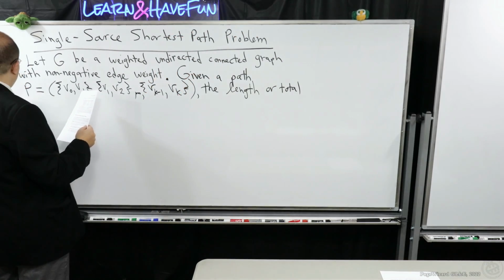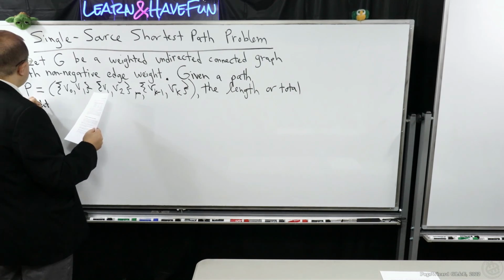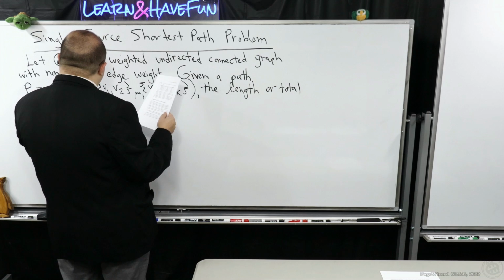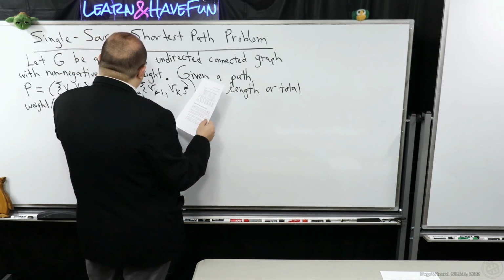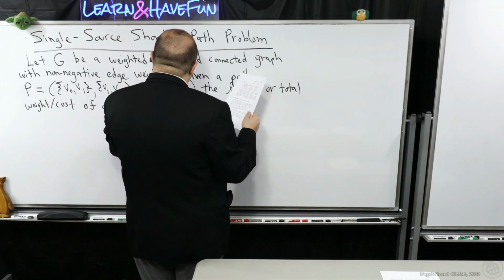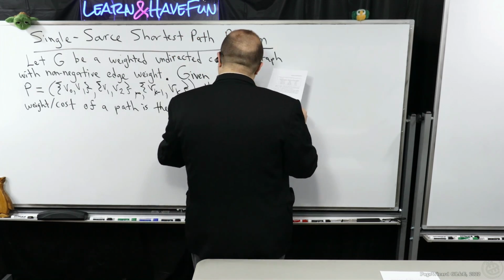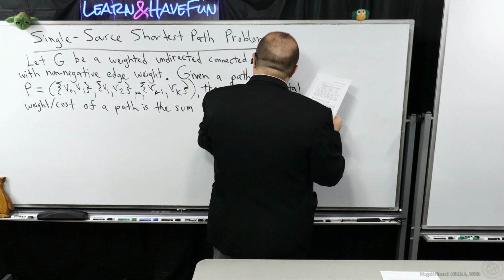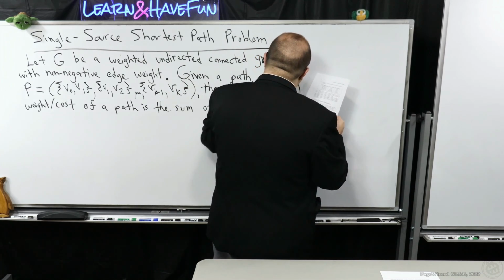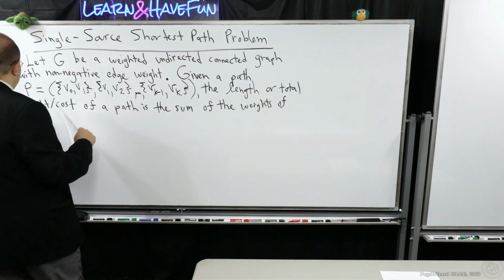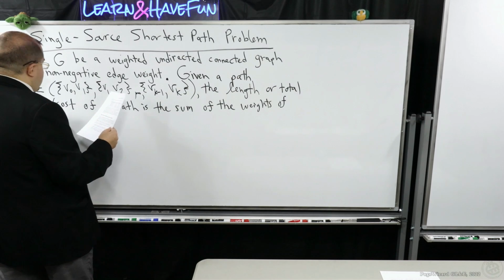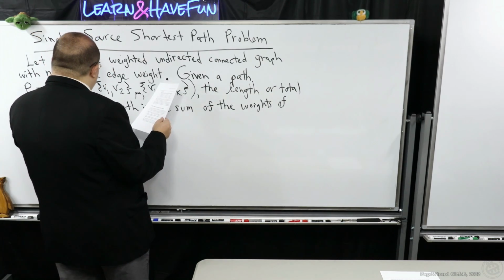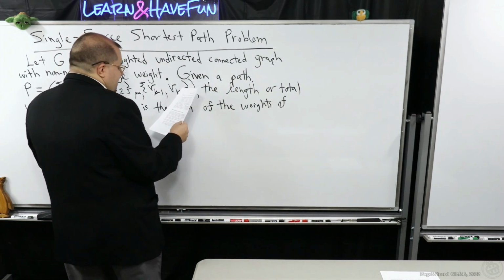The length or total weight or cost of a path is the sum of the weights of edges in P, which I'll denote more formally like this.